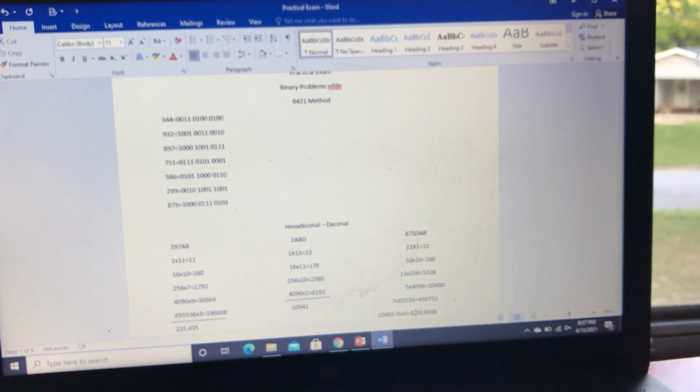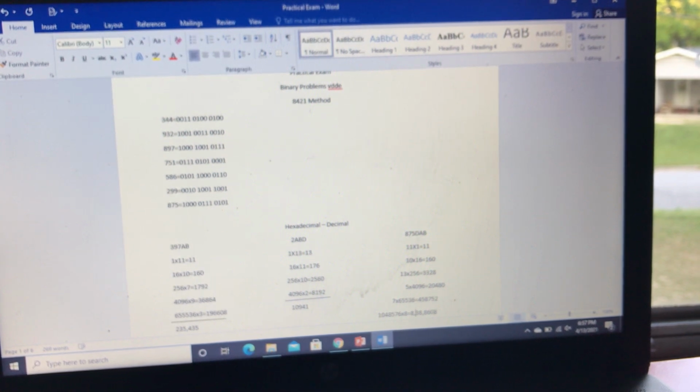Then you multiply 4096 times 2 and you get 8,192. When you add all those together, you get 10,941.